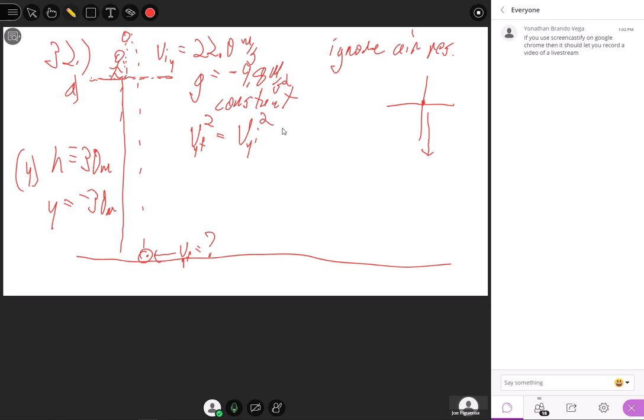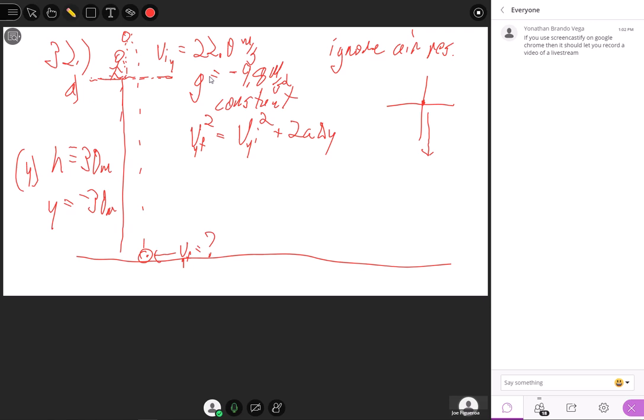I can say negative 2g delta y, or I can say positive because acceleration is negative anyway. I can write it either way. It's still going to work out. I'm just going to say positive 2a change in y. And remember, a is g.